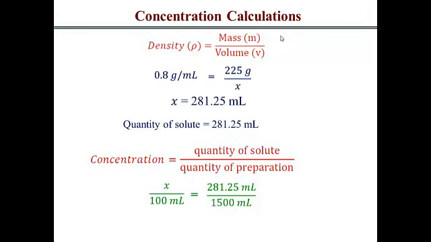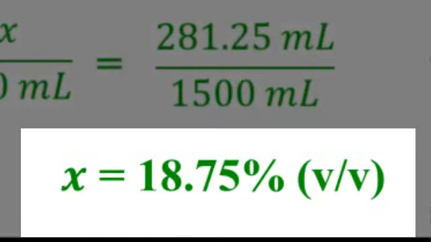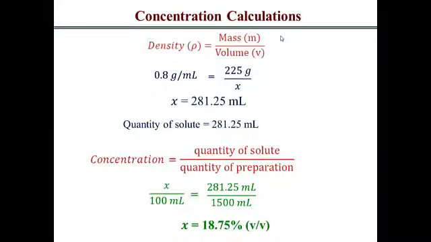So on the right hand side of the equal to sign, we have 281.25 milliliters divided by 1500 milliliters, which is the total quantity of preparation given in the question, and that should be equal to some quantity divided by 100 milliliters. Once we solve for the unknown, that gives us the percentage strength in volume by volume. Okay, so we end up having x equals 18.75% volume by volume.